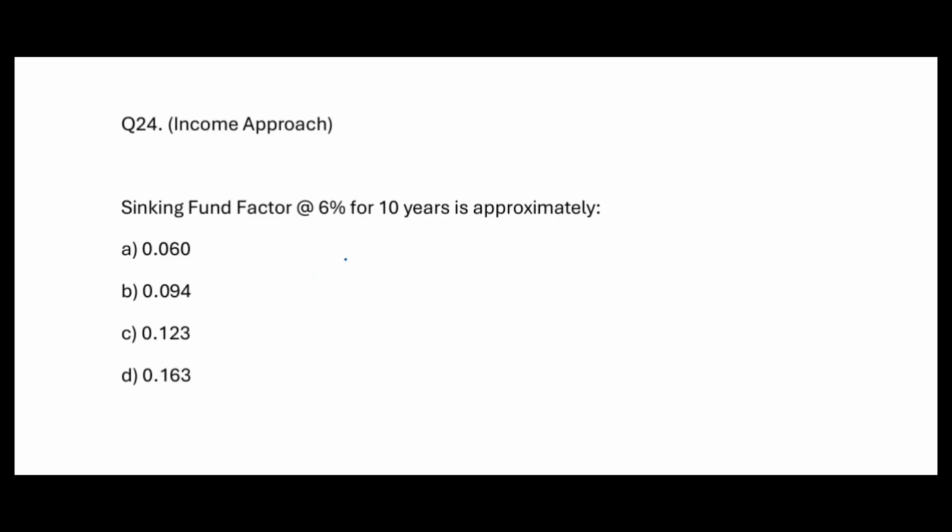The sinking fund factor at 6% for 10 years is approximately what? So what is the value of SFF? Sinking fund factor equals r divided by (1 plus r) whole power n minus 1.